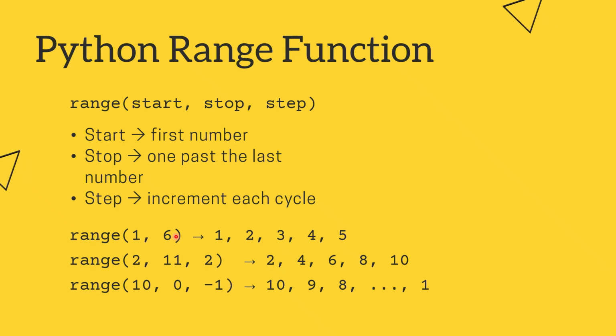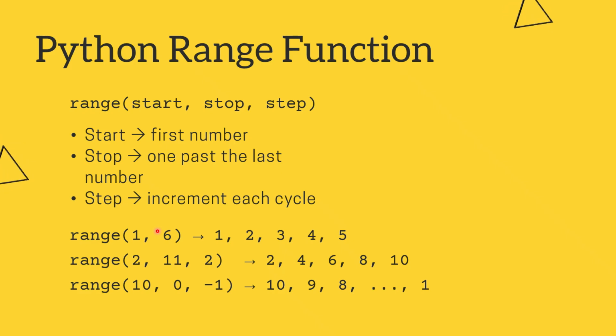Now, like I said, the range function is going to take up to 3 numbers: your start, your stop, and your step. But as you can see in this one, the step is optional. So if you don't include it, like we didn't include the step option here, Python is going to assume that the step is 1.